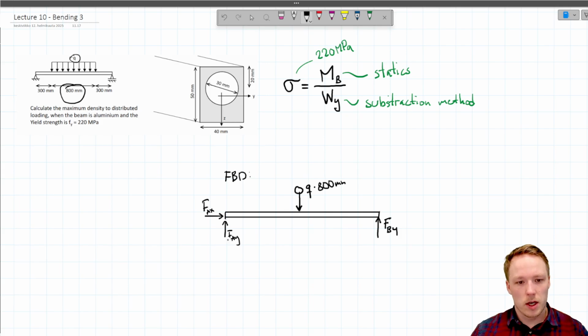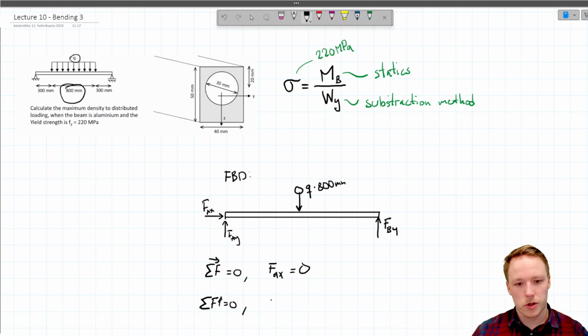Let's do the equilibrium equations then. So sum of all forces in horizontal direction are 0. In the positive horizontal direction we have FAX, but that is the only load in horizontal direction, so this one has to be equal to 0. Then sum of all forces in vertical direction must also be 0.